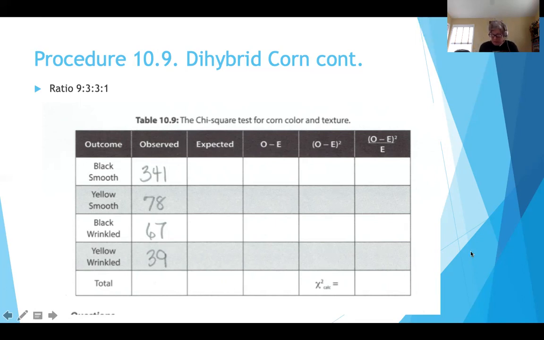That is the last part of the lab. So you're going to calculate that out, answer the questions, and then you're going to do your lab review. For your lab review, you're going to answer all the questions. And if you notice, this one's going to be a longer one. On pages 146 and 147, they're asking you to transfer that information from your lab over to the lab review.